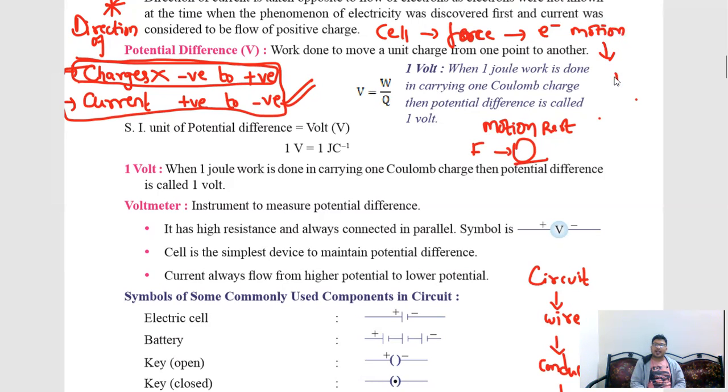Simply to say, current is produced. What is meant by current? Current is nothing but flow: water current, wind current, air current, electric current, right? Now, the cell produces force such that electrons will be in motion and current is generated.